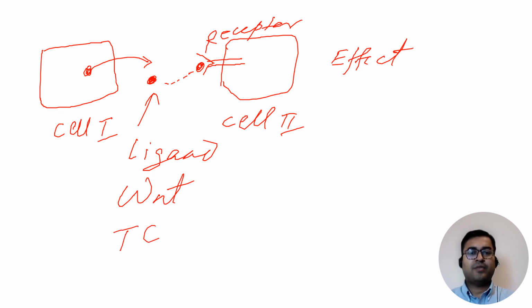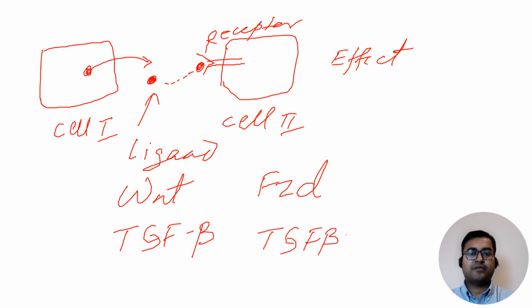Another ligand can be, let us say, TGF-beta. This Wnt ligand goes and binds to a receptor which we call frizzled, in short form FZD. And TGF-beta goes and binds to a receptor called TGF-beta receptor or TGF-beta R.